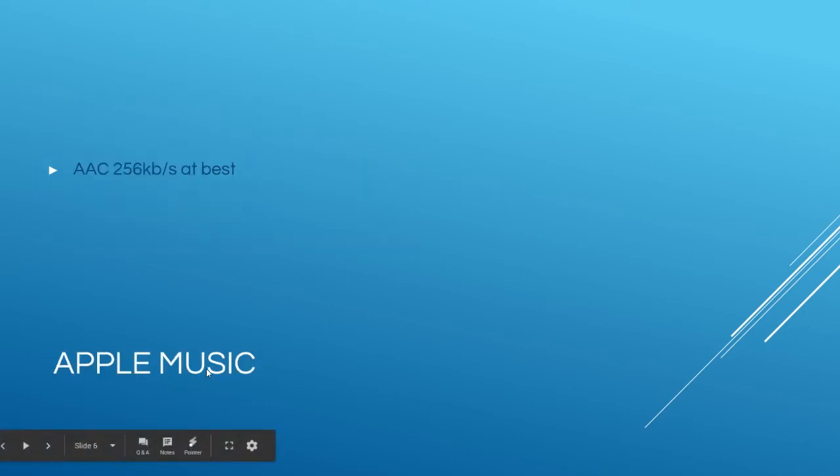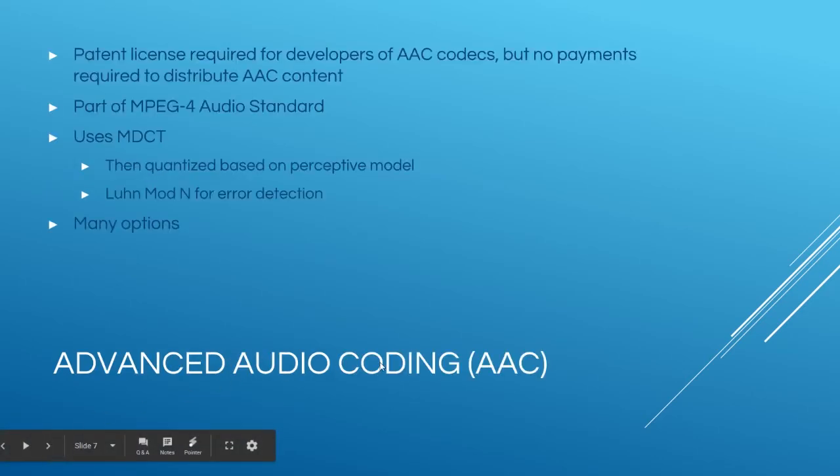And following is Apple Music. There's not a large wealth of information on Apple Music, but it's known to deliver standard content at 256 kilobits per second in the AAC format. This stands for Advanced Audio Coding.